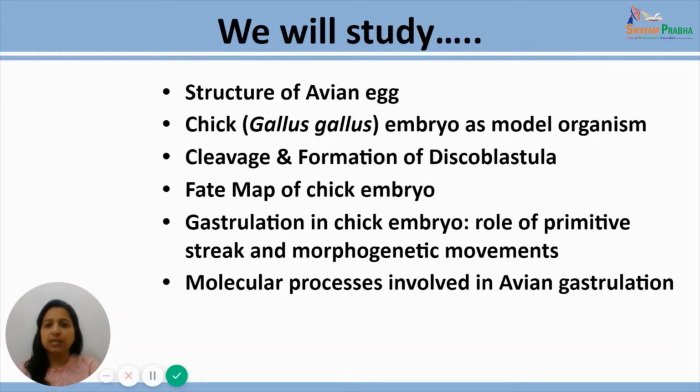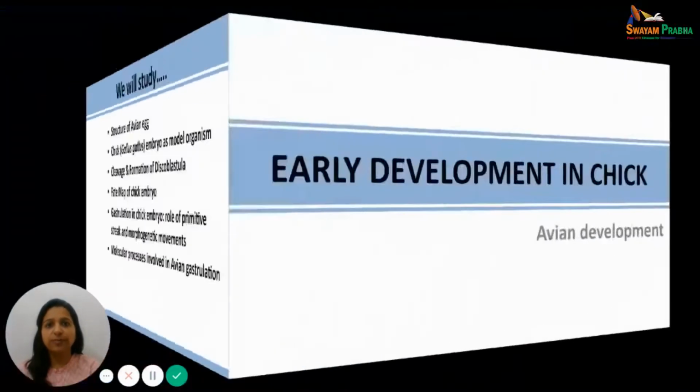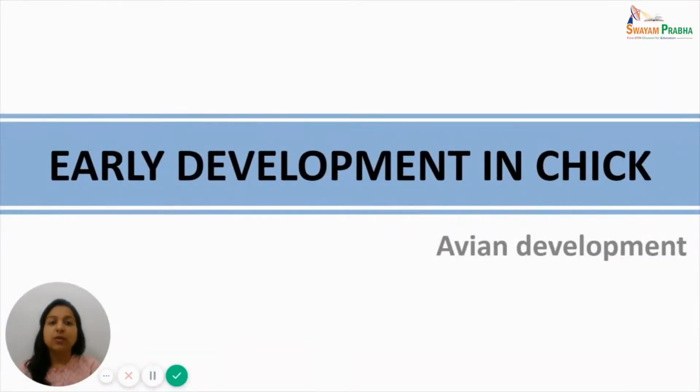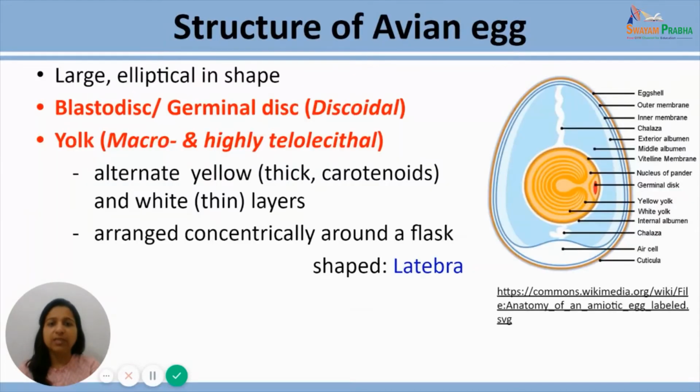We'll also discuss the fate map of chick embryo, the process of gastrulation in chick embryo, wherein we'll study the role of primitive streak and various morphogenetic movements in which the cells move in respect to each other during gastrulation. And we'll also discuss in brief the molecular processes which are involved in avian gastrulation. Early development in chick as an example of avian development.